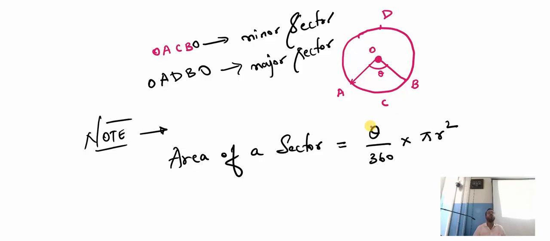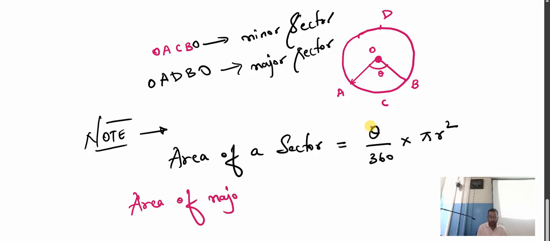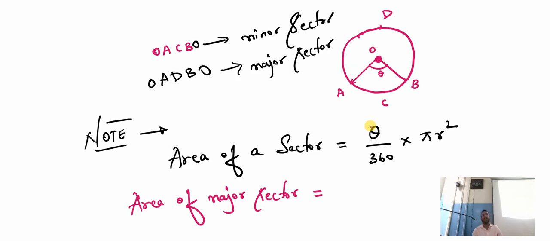Next line. Area of major sector. Now children, how can we find the area of a major sector? Just now we got the formula for the area of a minor sector. Very simple.